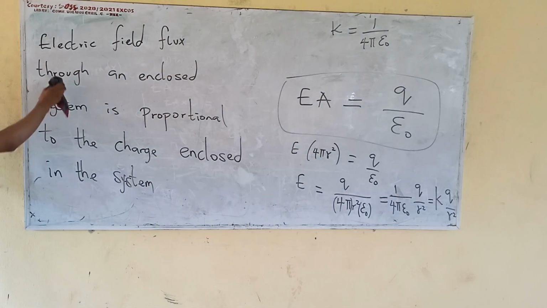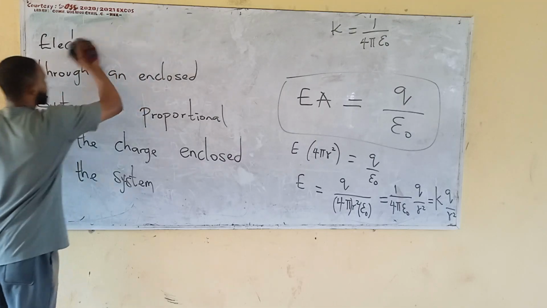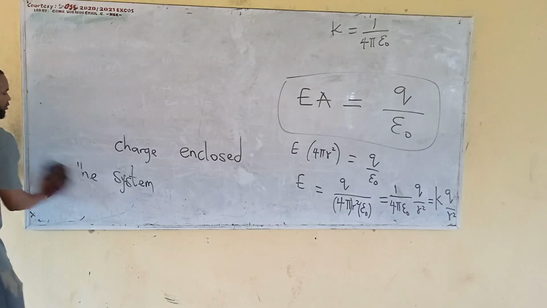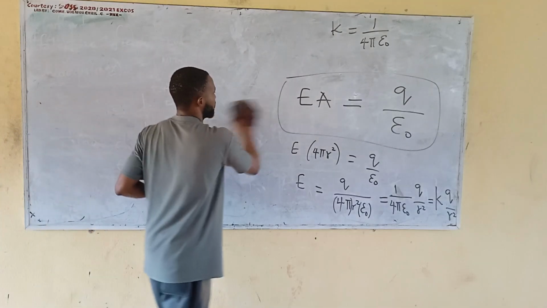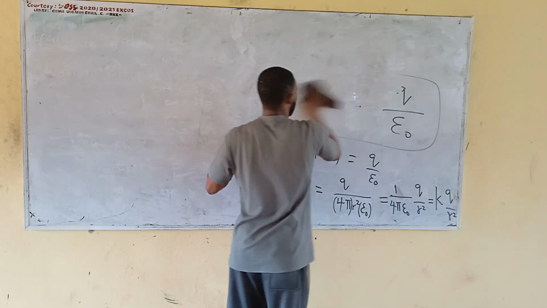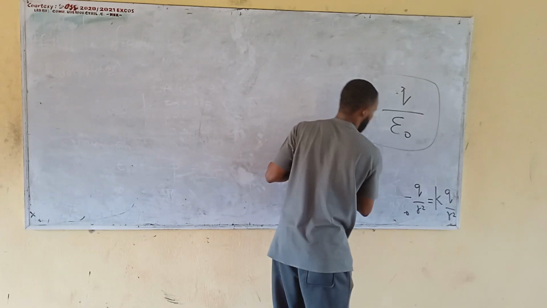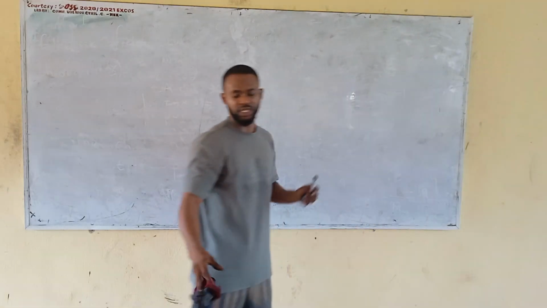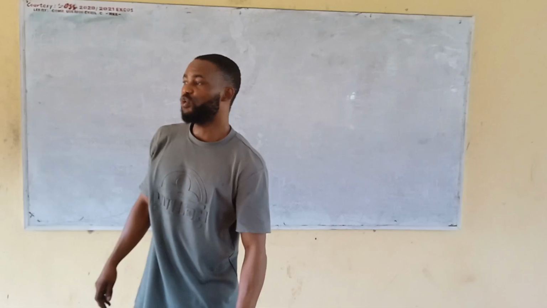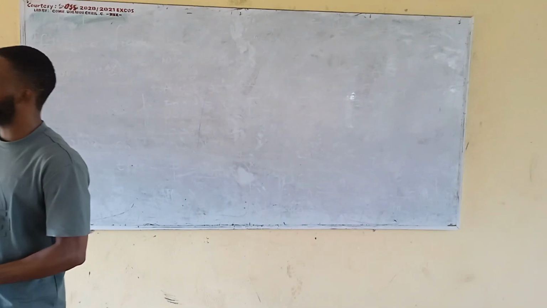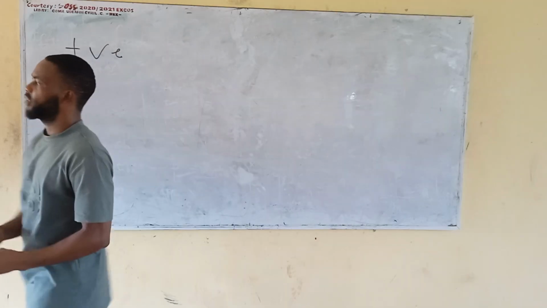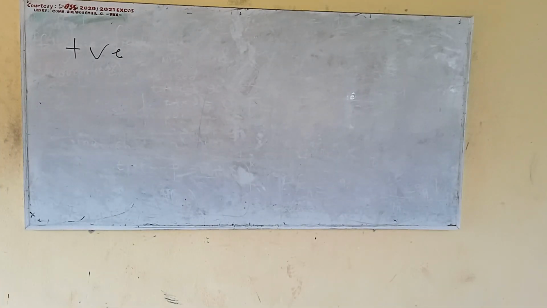So right, electric field potential. We say that electric field potential is the work done. Anytime you see me say charge, I'm talking about what? Positive. So it is the work done in moving a charge, or you can say moving a unit positive charge.